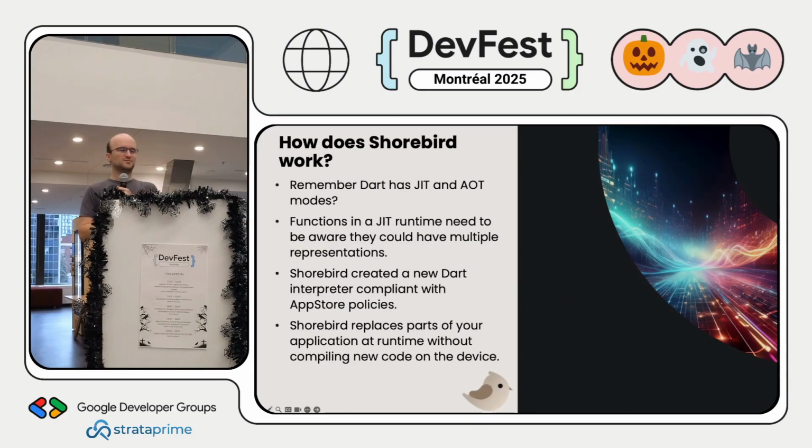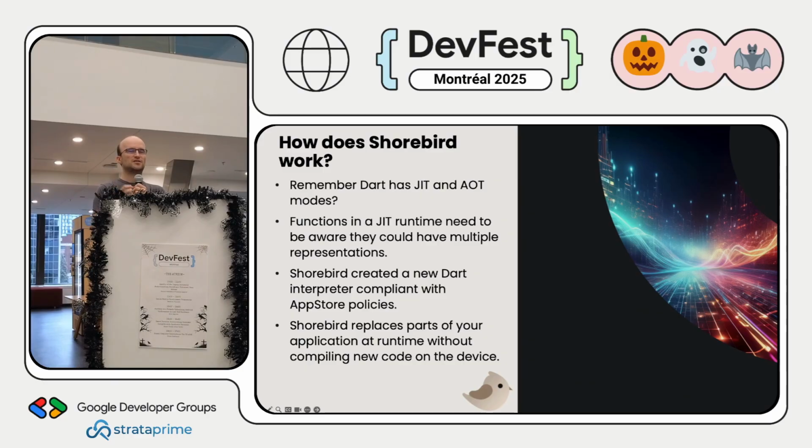I'll start by remembering Dart's JIT and AOT modes. This part is a bit complex, but functions in a JIT runtime need to be aware that they have multiple representations. Because JIT compilation usually doesn't want a huge hit at startup, it will compile the code very quickly in a not optimized way first.